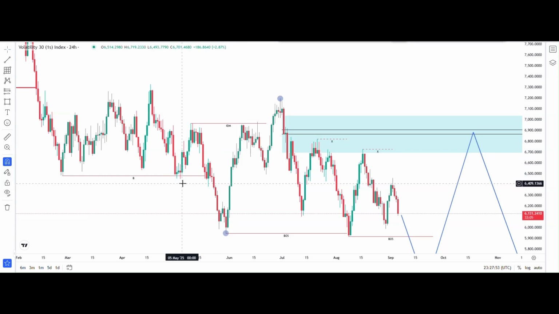Okay, so at this area, retail buyers were looking for buys, right? And at this area, there were retail sellers thinking the market is going to sell for long, and possibly were aiming for extended lower prices, right? So what happened is we do have stop losses here and we have stop losses here.